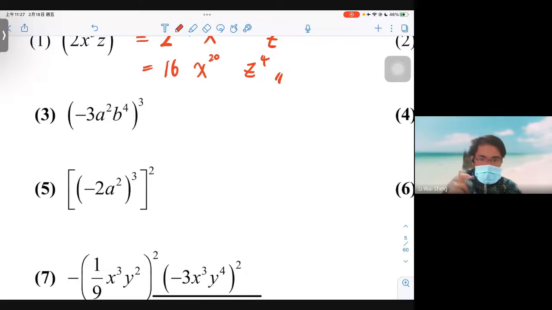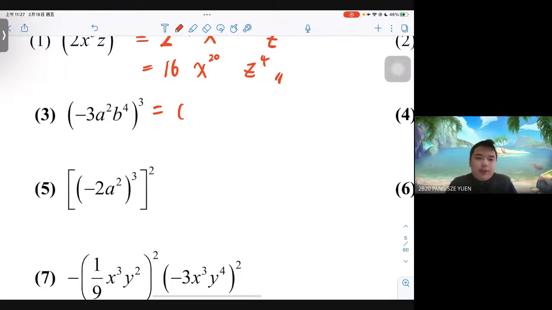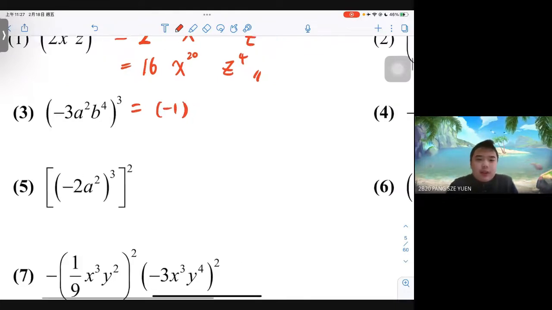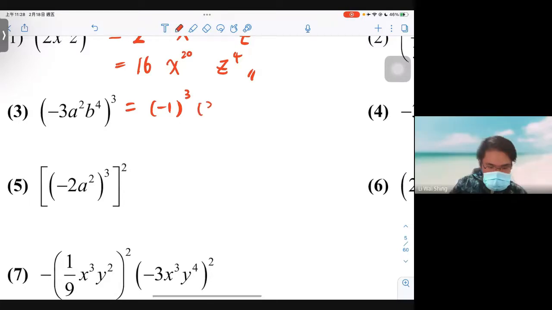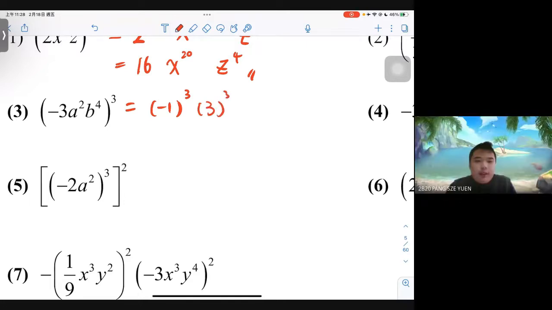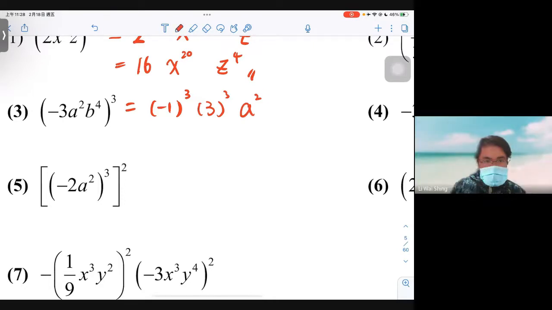Okay, so Elvis. Minus 1 cube. 3 cube. Yes. 3 cube. A square cube, 3 square cube, times cube, times the 3.